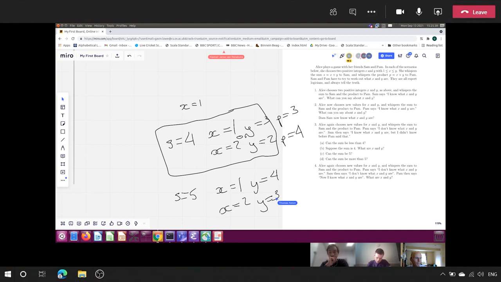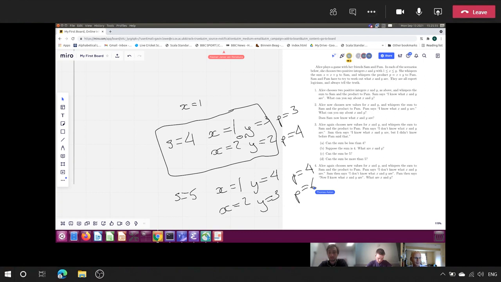In both cases, well, the first one gives p equals 4, the second gives p equals 6. If p equals 4, then Pam doesn't know what x and y are, because we also have x equals 2, y equals 2.